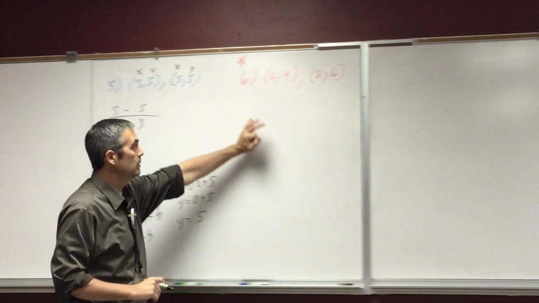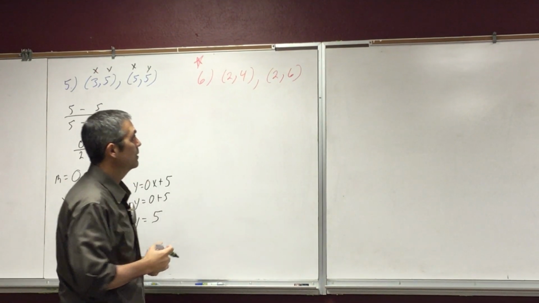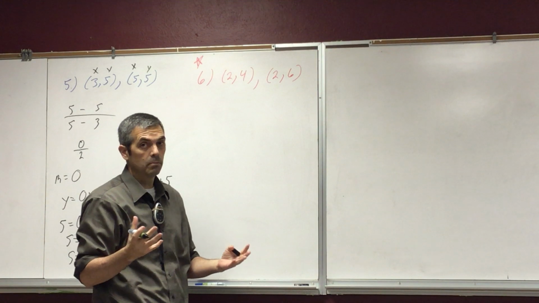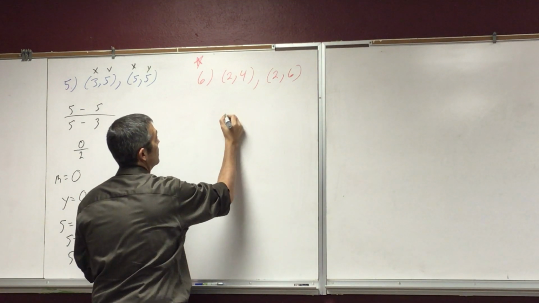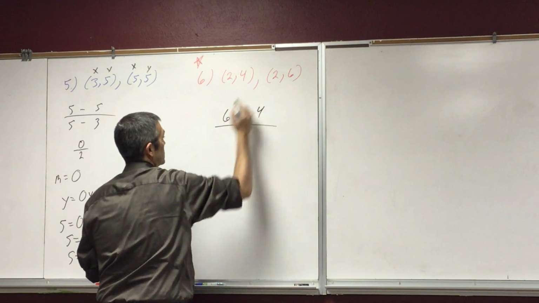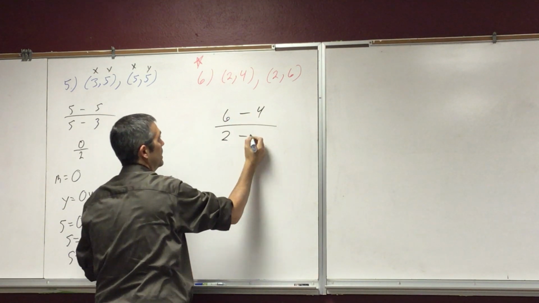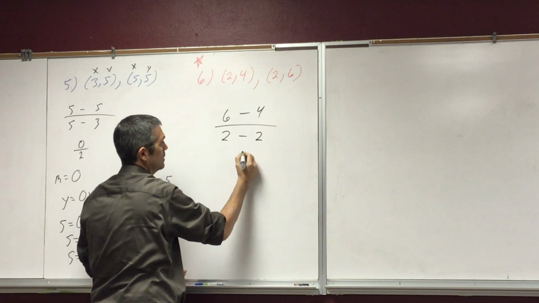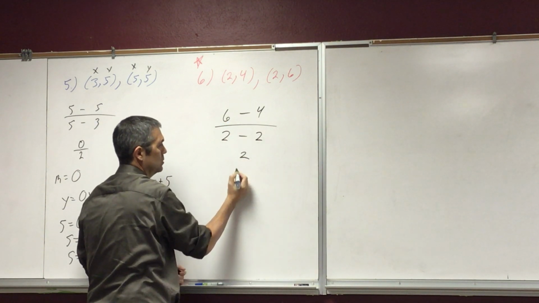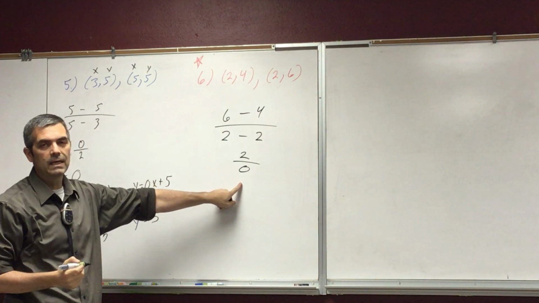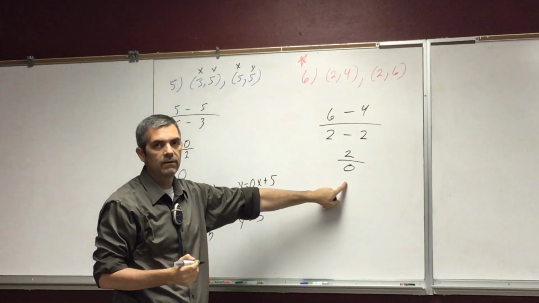All right, last one. 2, 4, 2, 6. Now, still got to find your slope, right? So 6 minus 4, 6 there, 2 here, minus 4 here, 2 there. 6 minus 4 gets you 2. 2 minus 2, 0. Oh, you can't do that. That's undefined.